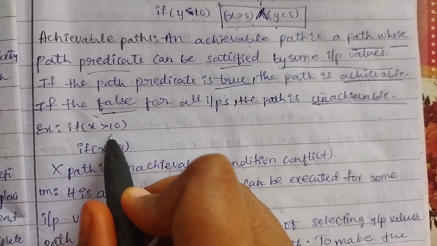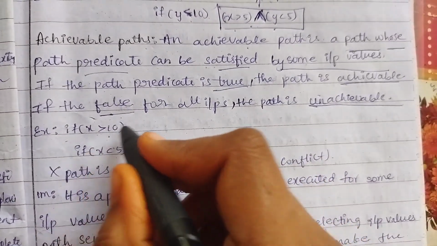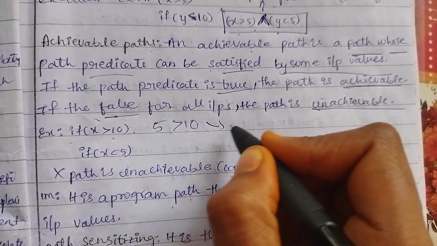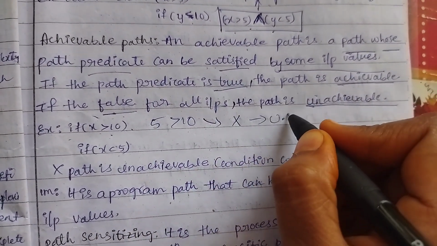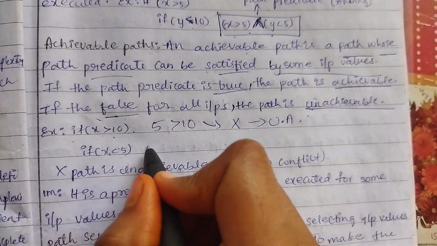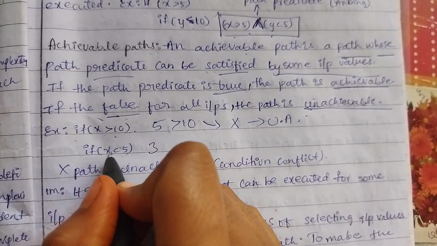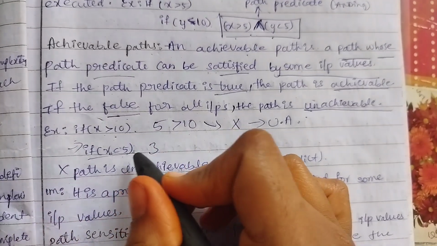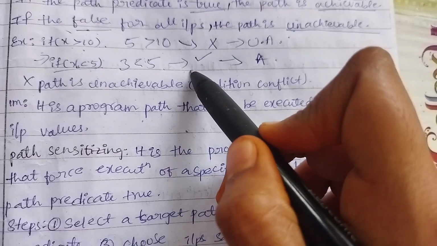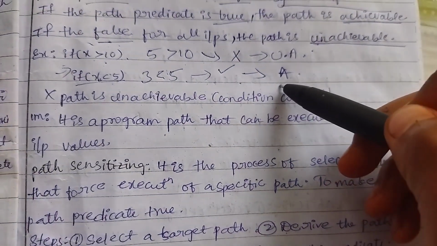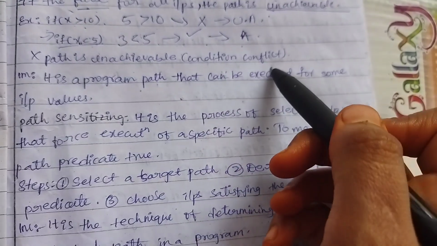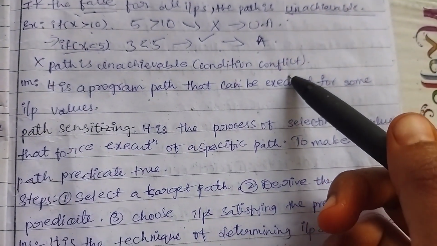For example, if x > 10 and we take 5, 5 is greater than 10 is false, so it is unachievable. If we take 3 for the statement x < 5, 3 is less than 5, then it is true, so it is achievable. A path is unachievable when a condition is not satisfied or conditions conflict.